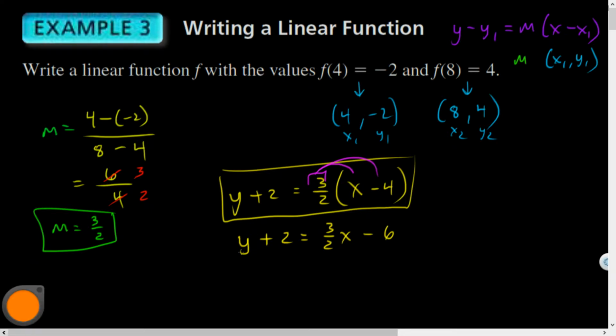And now how do I get this y by itself? -2 minus 2. That's fine. Perfectly legitimate. And because these are in function f notation, I should probably rewrite this as f of x equals 3/2 x minus 8.